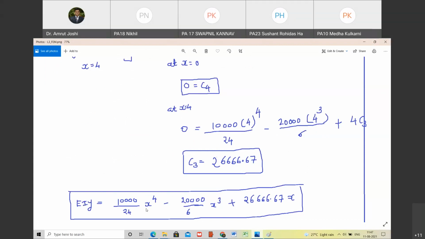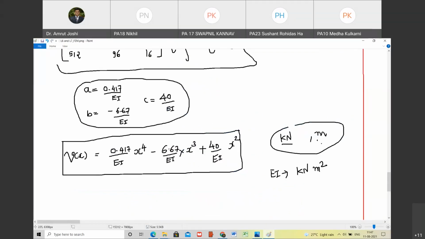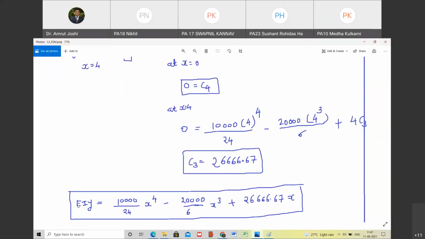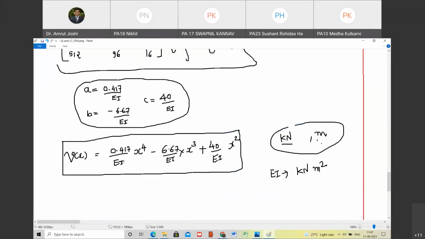What is the expression here? Look, it has y equal to; y in this case now becomes V of x. Do you agree with me? As per our notation, now we are calling y as V of x. Do you agree with me? Yes. Now, if you look at this expression, EI is sitting here, so EI will go on the other side. So we should have 1 over EI here.